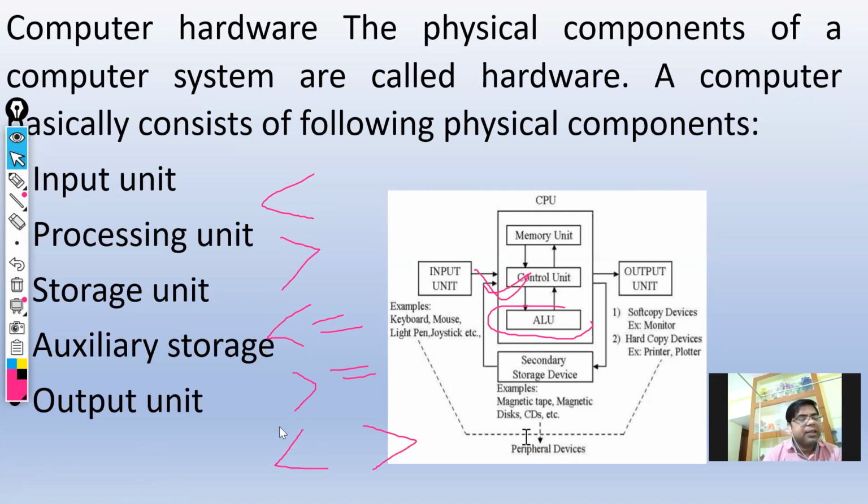Okay, next one is the main memory, that is also called a register. These are the temporary storage areas found in the CPU of modern computers. Whenever we work, suppose I am going to work on Word.